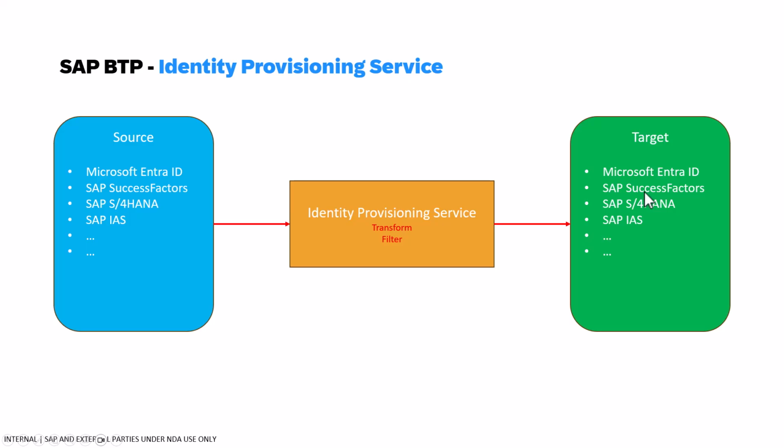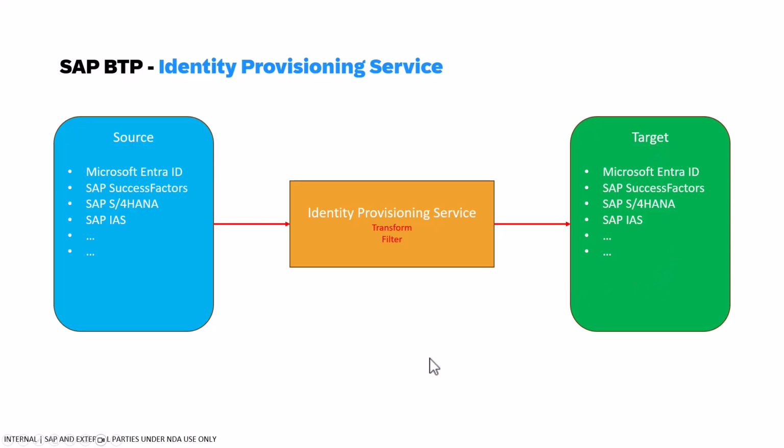Similarly, within SAP SuccessFactors, let's say a user is trying to access an MDF object. SAP SuccessFactors is the one that is going to do the authorization. For that reason, SAP SuccessFactors also needs to have the user account inside the SAP SuccessFactors system. So not just the resource providers, but also SAP IAS and Entra ID can all be target systems as well.